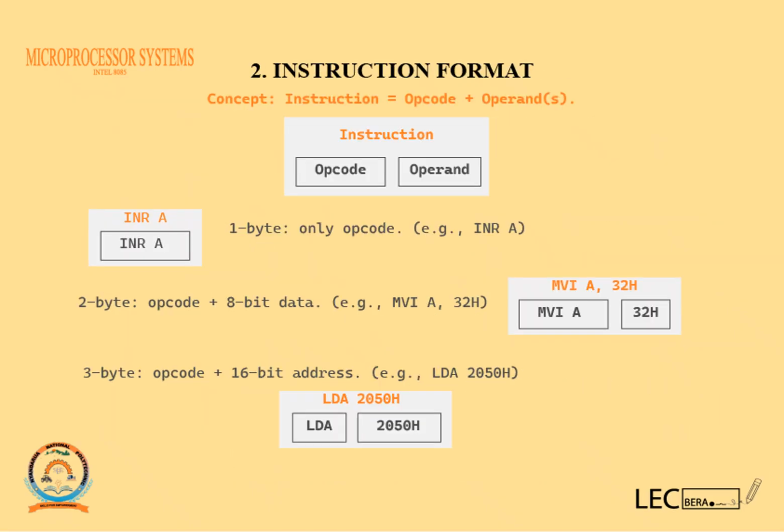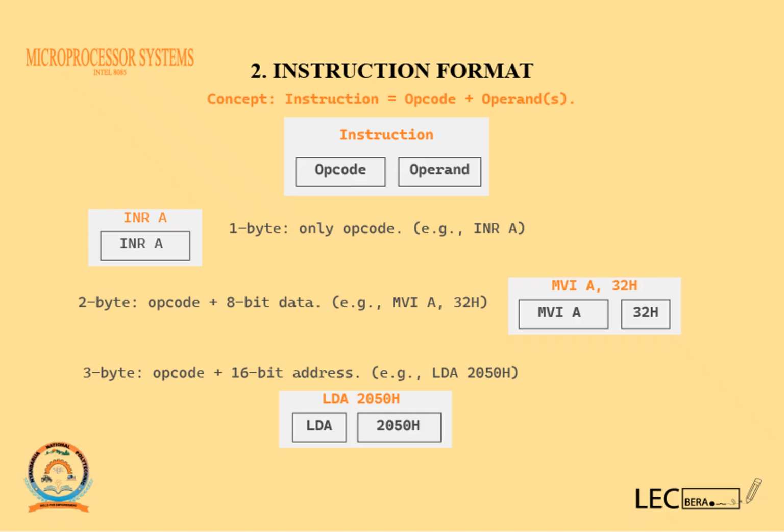For us to better understand the instructions of Intel 8085, we have to understand how the instructions are formatted. So an instruction is made up of two main parts, the opcode and the operand. But it doesn't mean that all instructions contain an operand. I want you to understand that.